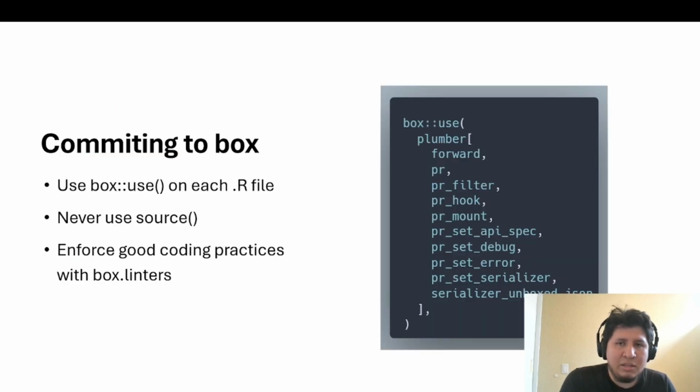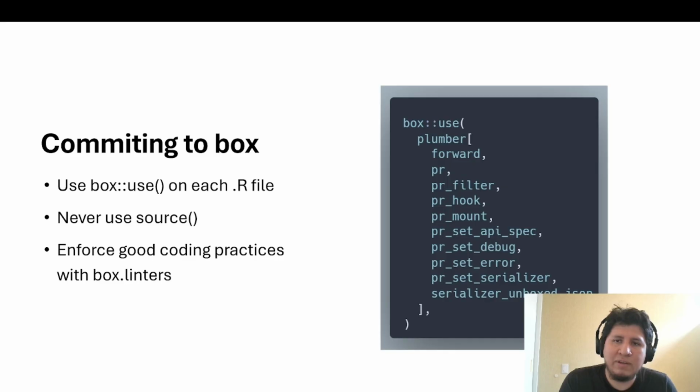Okay, so what are the patterns? First of all, we commit to use box. You can see here that everything is designed to be used as a box file, as a box module. So this is an example of how we import functionality from Plumber. You use the box use function.